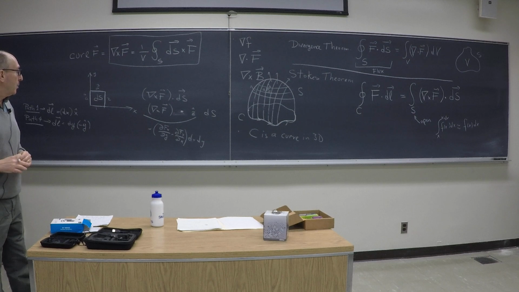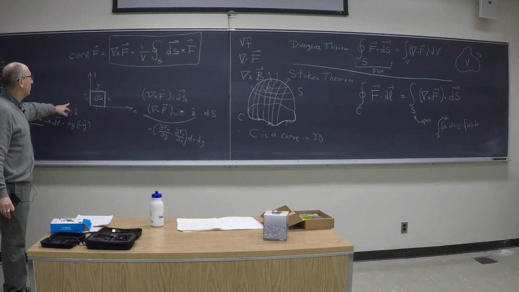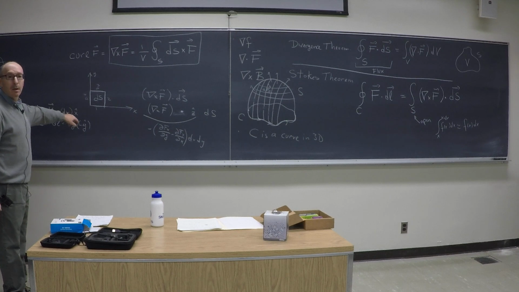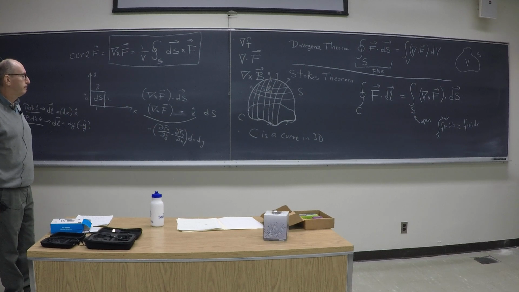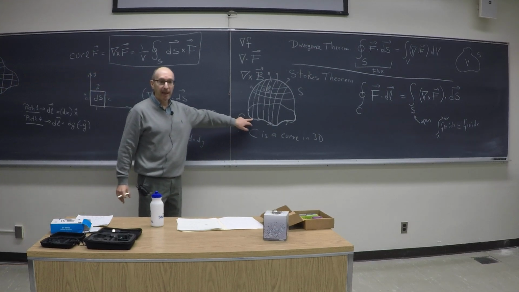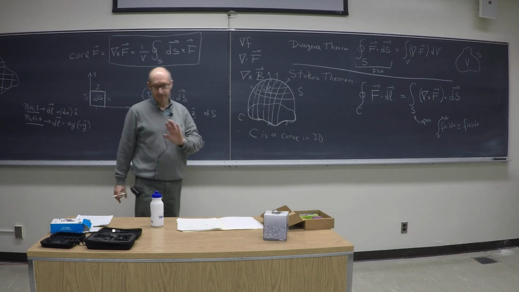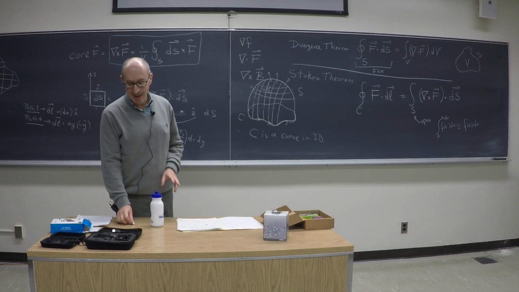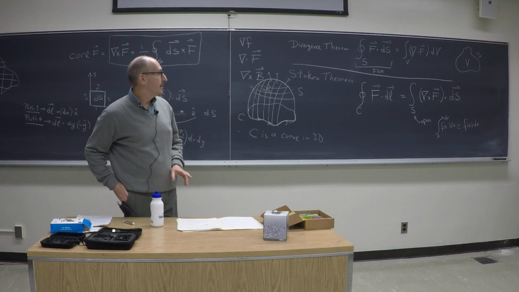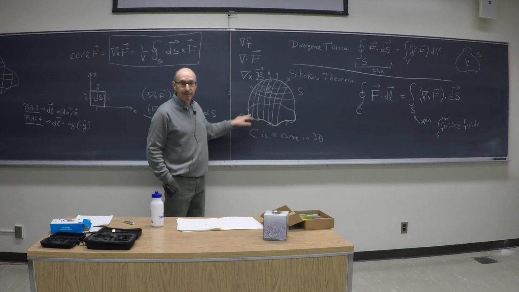But I didn't say C here at all. No, but you defined the opening of the bottle, of the surface, as C. Yes, and that's what I meant. Is C that, or is C the perimeter of the square? Yes, I understand. C in this context is only the opening of the bottle.